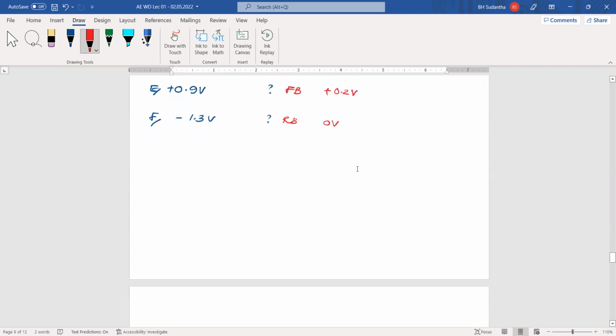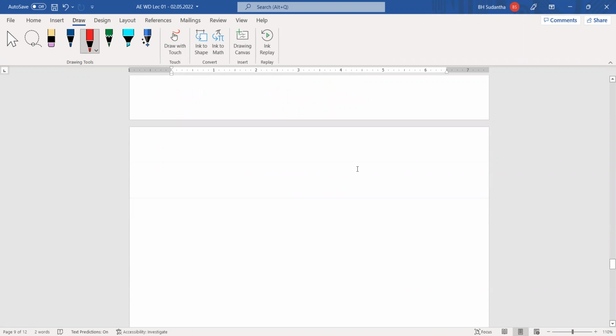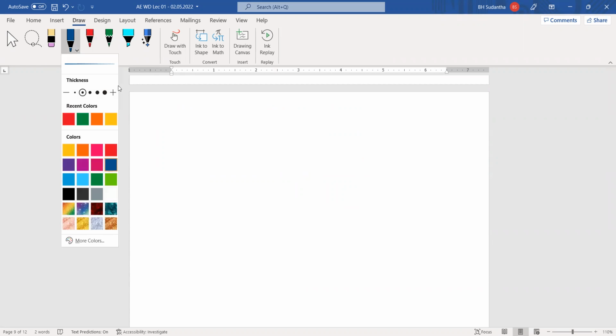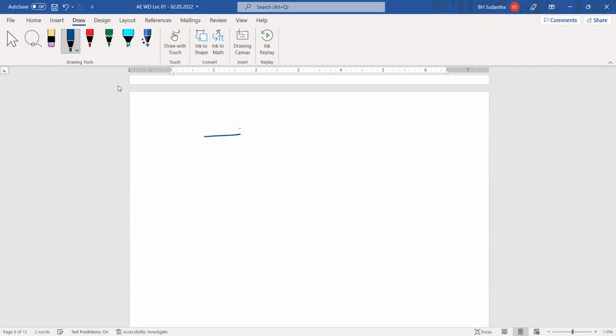Okay, shall we start drawing the voltages? After applying certain voltages here, now I can draw the circuit. Here we have a resistor, and we are applying some voltages across these terminals.